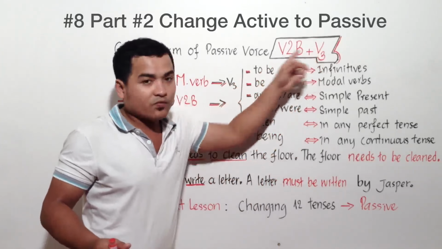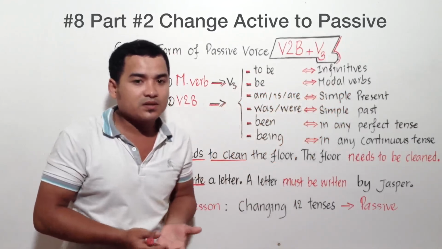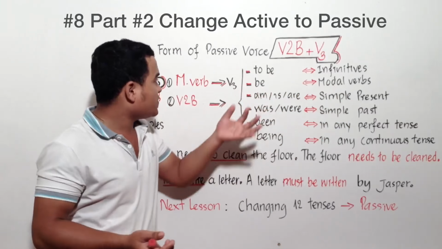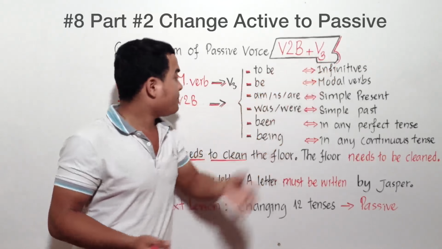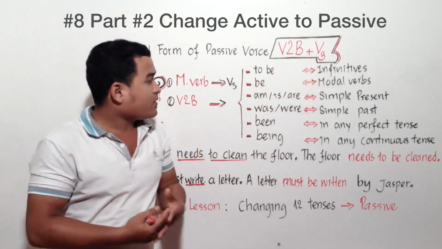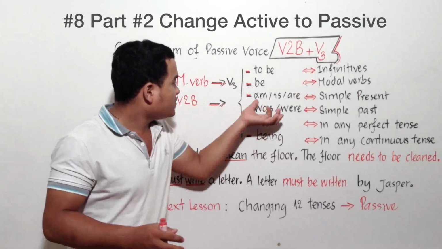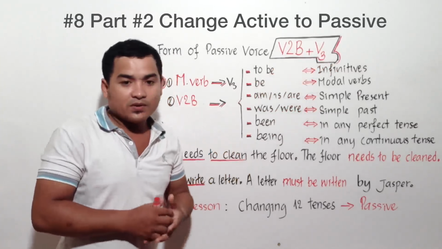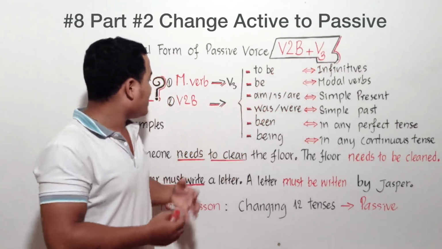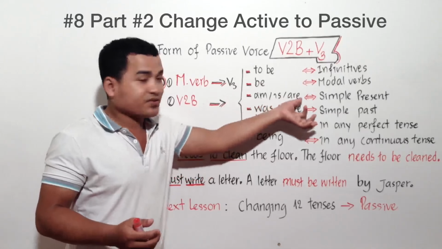To be and then verb 3. If it is used after a modal verb like can, could, may, might, must, or something like that, you have to use be before verb 3, right? And what about simple present? In simple present, you have to put am, is, are before the verb 3. This means the verb to be here is am, is, are, right?